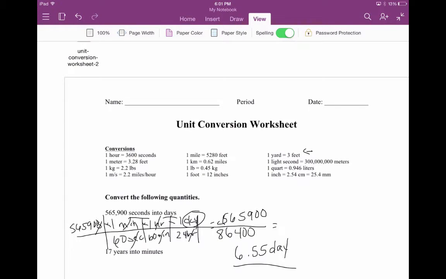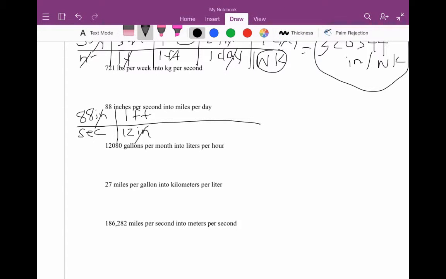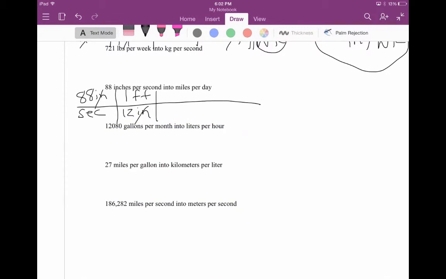1 mile equals 5280 feet. So we have feet on the bottom because we want it to cross out. Specifically, 5280 feet. Crossing out 1 mile. And then we have miles, which is what we want, but seconds, so we need to get to days.